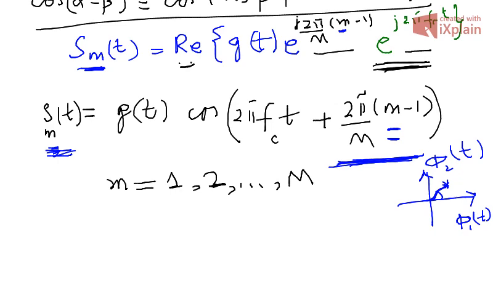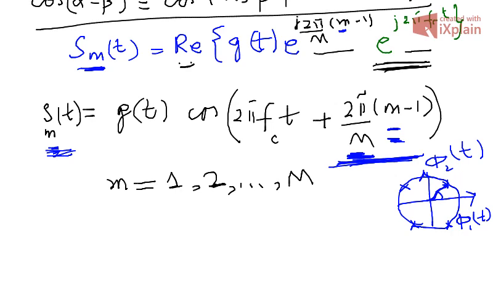Similarly, another signal point will have a different phase, and another signal point will have another different phase. So you can draw as many signal points on this circle as you want, depending upon the capital M value. If you have M equal to 4, 4 points. If capital M is 8, then you have 8 points on this circle. We will talk about these later on.